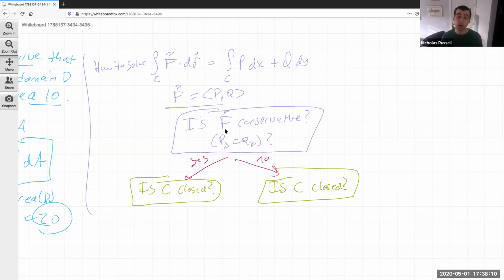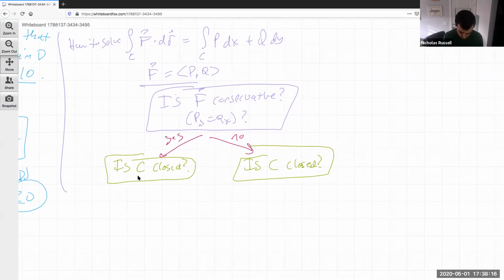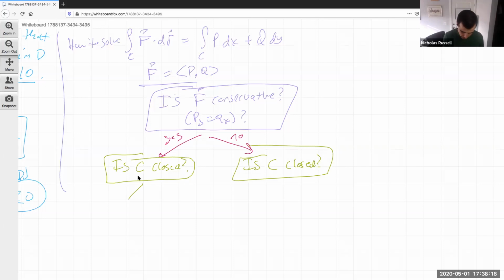Let's go either way. If F is conservative and C is closed, there are two options, yes or no. What does this mean? If I have a conservative vector field and a closed loop, how much work does it take to move an object around this curve?